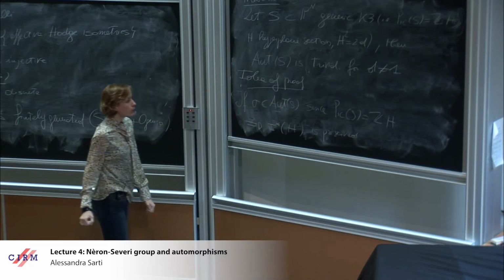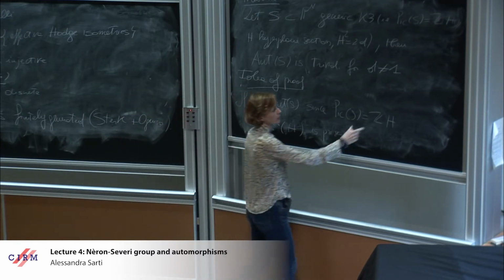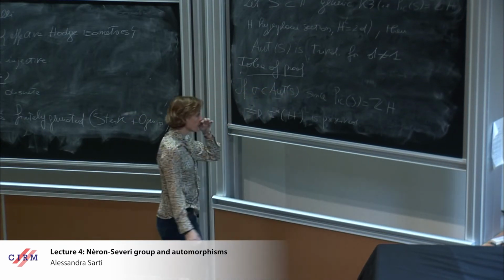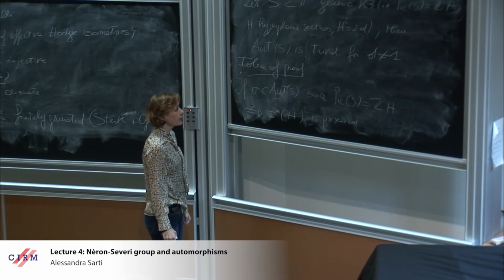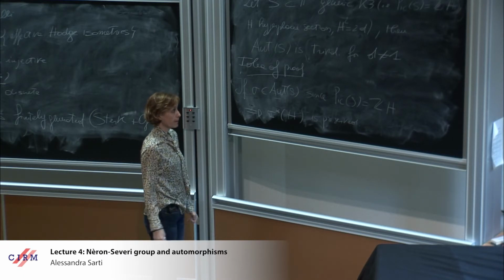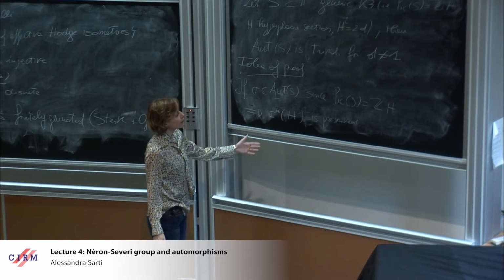It sends an ample class to an ample class, since the Picard group has Picard number 1. And since it preserves a hyperplane section, you are in P^n, and actually this H gives you the embedding.